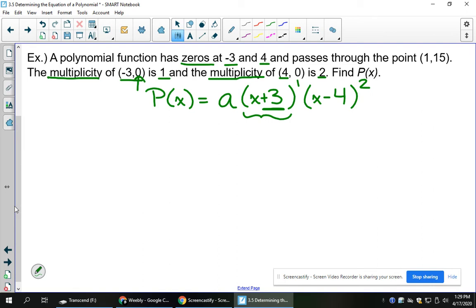Now this is the first step. Here we've got a good jumping off point. We now have to put in the numbers that we know, because right now there's way too much that we don't know in order to solve for a. I'm going to write this in a slightly different way and see if you can figure out what I'm doing.